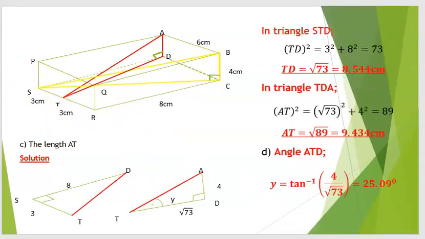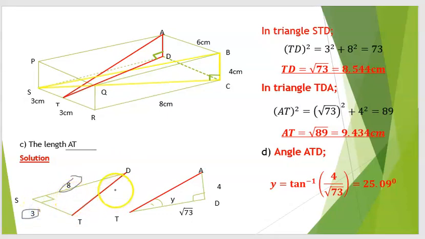Now we proceed to the next question, which was asking about the length AT. To get this length AT, first of all, I have to get the length TD. I want to calculate the length TD, given that SD is 8 and ST is 3.